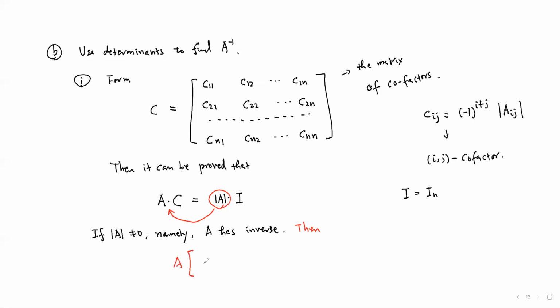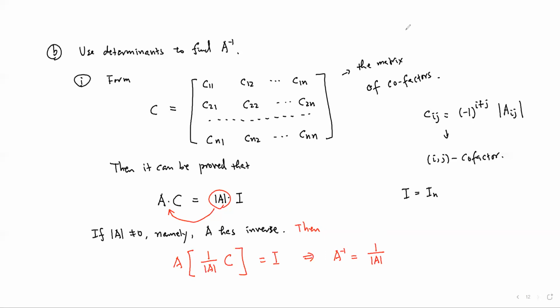Then A times 1 over this number times C is equal to I. Matrix A times this matrix is the identity. Therefore, A inverse is 1 over this number times this matrix.